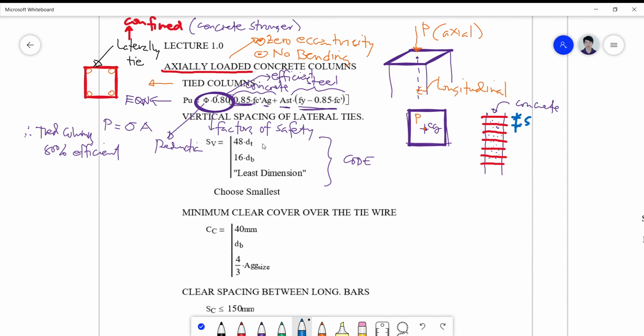The first one is 48 tie diameter. So T there refers to your tie diameter, okay? 16 bar diameter, so your dB there refers to your bar diameter, the main bar.